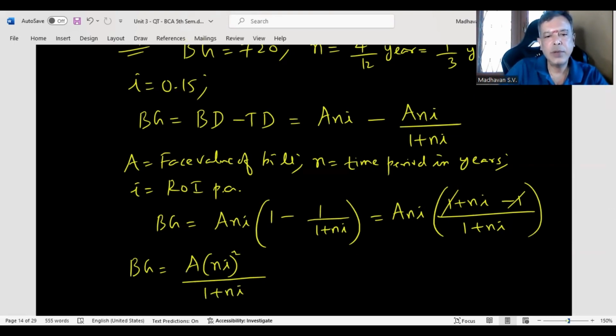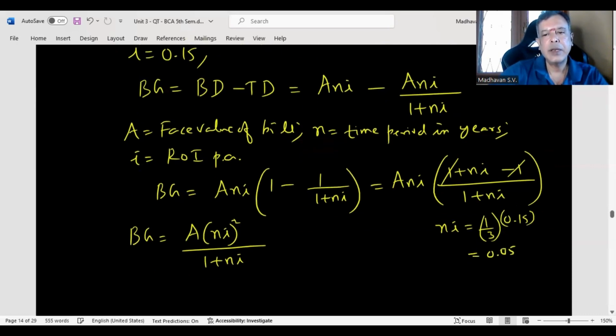So first let us calculate NI. Our N into I will be, N is 1 by 3 and our I is 0.15, which means NI will be 0.05. That is our NI.